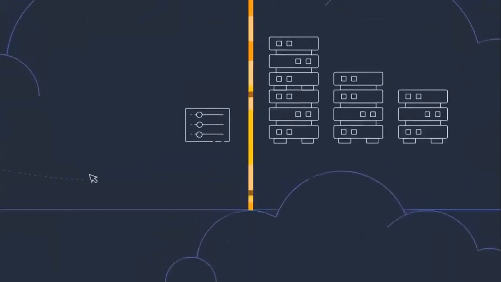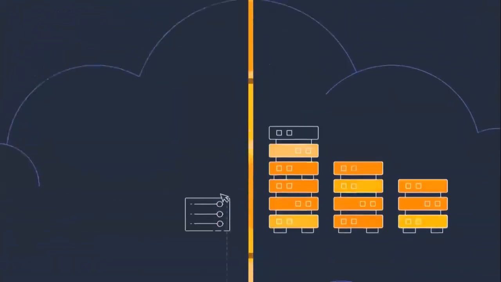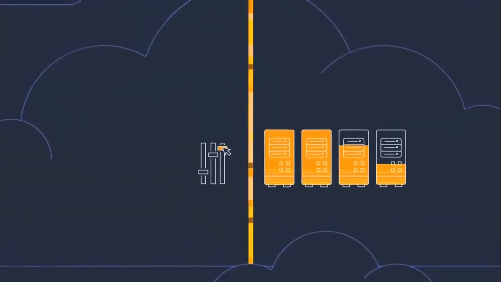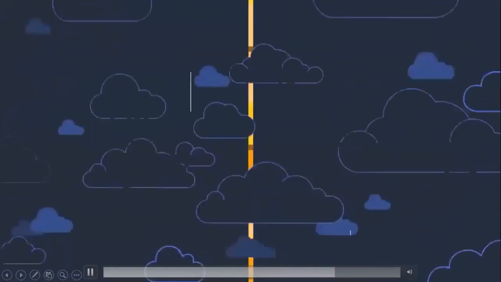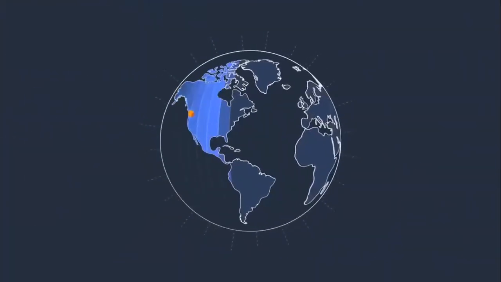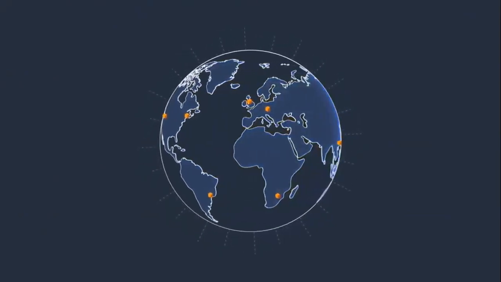With cloud computing, you access resources from the cloud in real time, as they're needed. You can scale these resources up and down to grow or shrink capacity instantly as your business needs change. Cloud computing also makes it easy to expand to new regions and deploy globally in minutes.